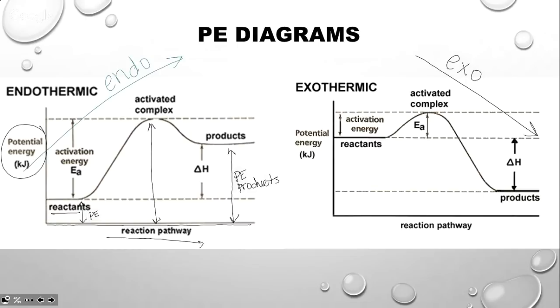X-axis up to the activated complex would be the potential energy of the activated complex. The amount of energy it takes to push the reactants to the top is the activation energy for the forward. The amount of energy it takes to push the products to the top would be the activation energy of the reverse.